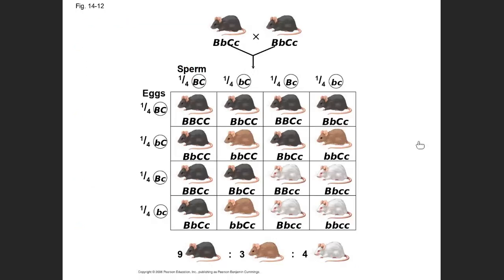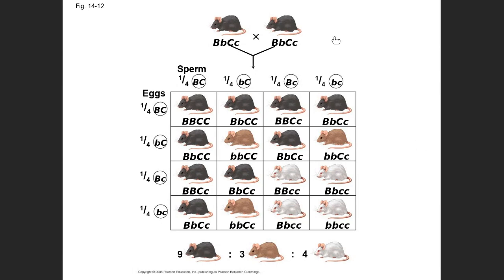So here we have some mice. Remember, big B codes for lots of melanin. So in theory, if you have a big B allele, you should be black. You should have a black coat color. But remember, the C gene is needed to actually deposit the melanin into the hair shaft so you can see that color.